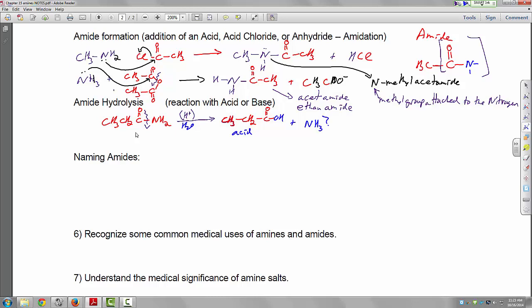Not quite, because what happens is this is still in the presence of, let's say we used HCl. This is going to then form NH4Cl, the salt, right? Because, yeah, we release a molecule of ammonia, but it's in the presence of this acid still, so it reacts to form the amine salt.